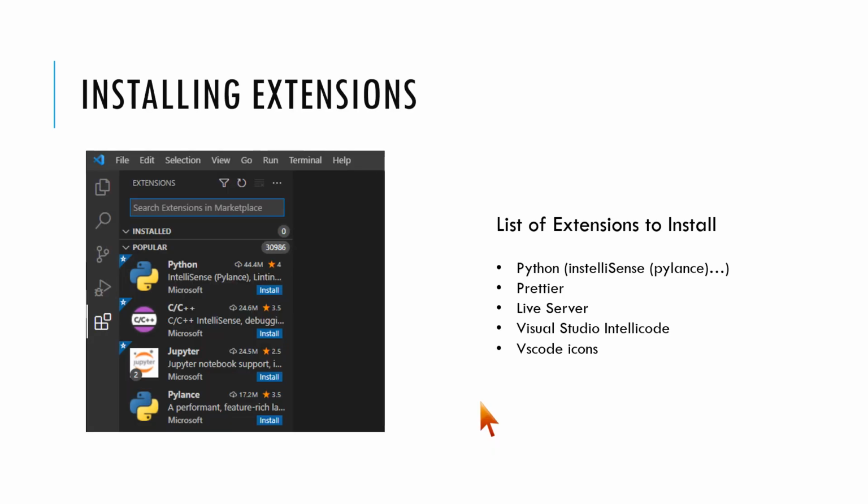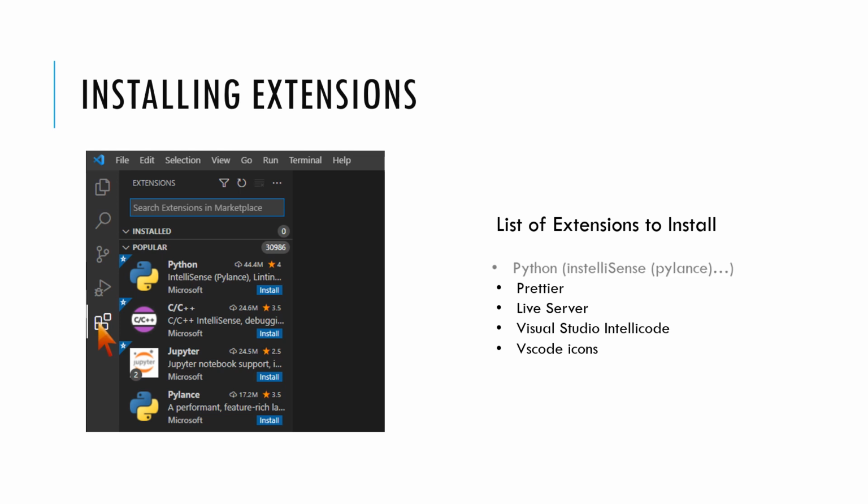The first thing that we'll do is set up Visual Studio Code. Click on the extensions icon to the left that looks like building blocks. Automatically, it will list the most popular installs. I've listed the 5 most important installs for using Visual Studio Code and Python for our purposes.